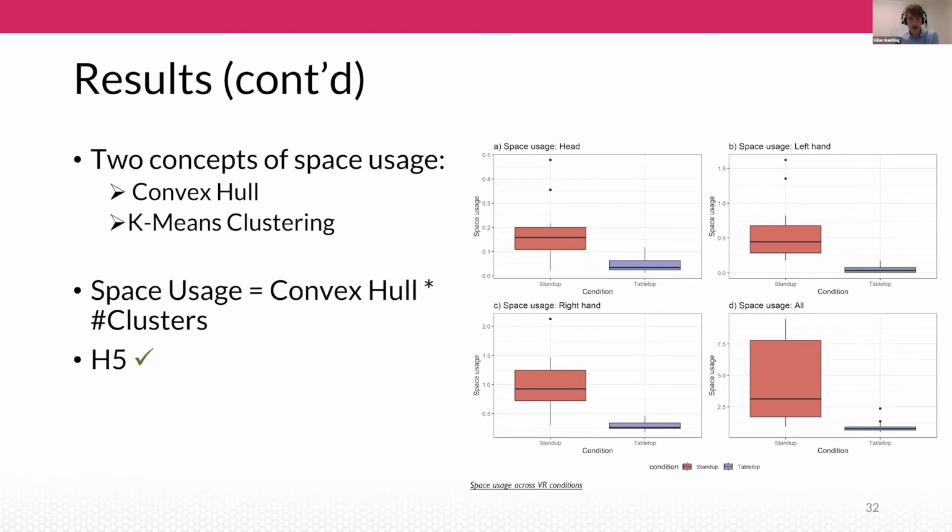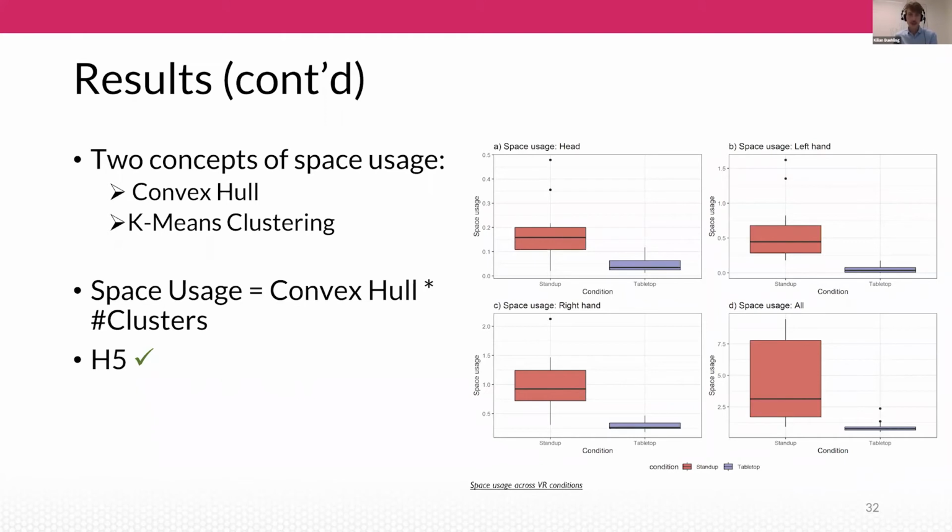For the concentration, we computed the optimal number of clusters in k-means clustering. So we had users that operated from a lot of clusters, that changed their location often, and also users that kept operating from a single point, that have very few clusters.